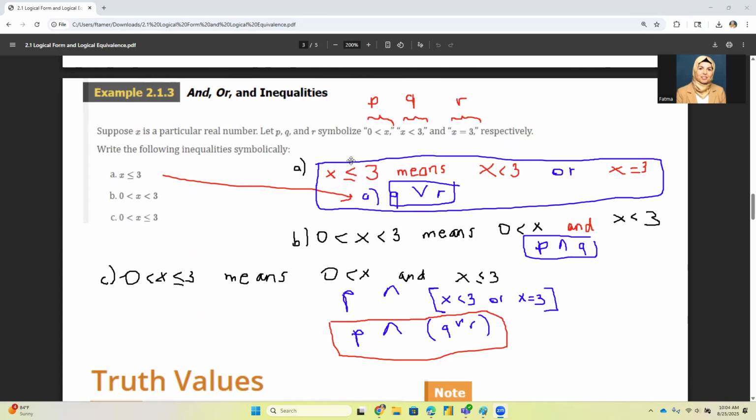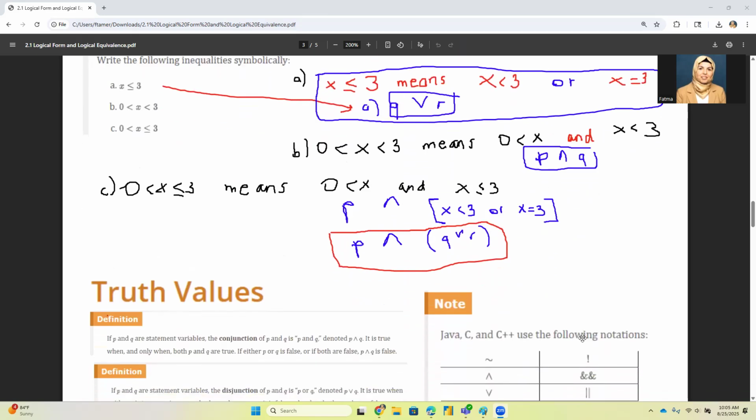Well, we worked on this in part A, so you can also work on this again if you want to. Whenever we see this inequality, it means X is less than 3 or X is equal to 3. And this one is Q, this one is O, and this one is R. Or since you already worked on this part in part A, you could just copy your answer from part A, and this will be the answer for part C of this question.